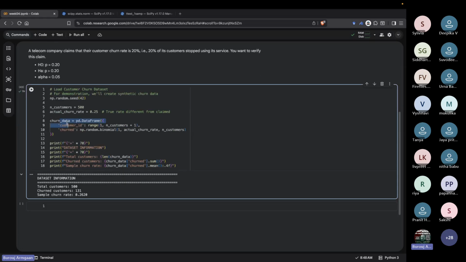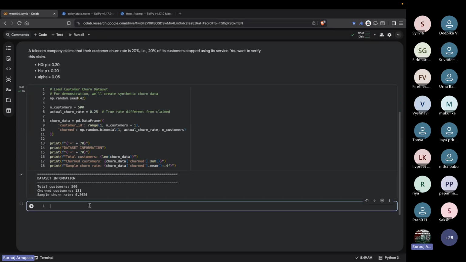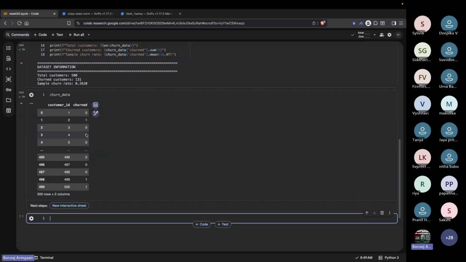So we create a data frame where we have these customer IDs, and for every customer, it is a binomial, that is essentially a coin flip. That is, you either drop out or you remain there, and you drop out with this percentage, 25% drop out, 75% remain there. And based on this, we create this particular data set. If we would like to also look at the data, it looks something like this.